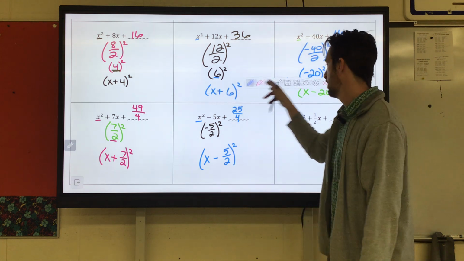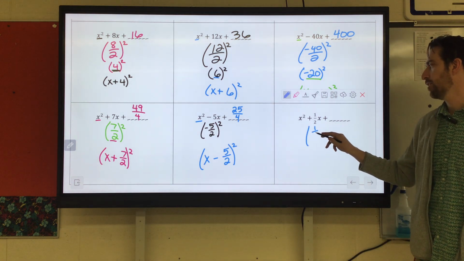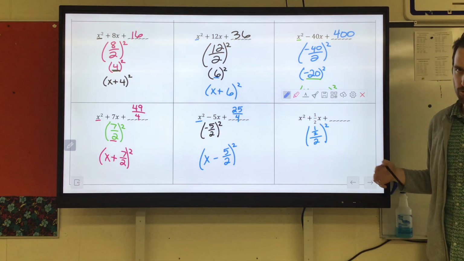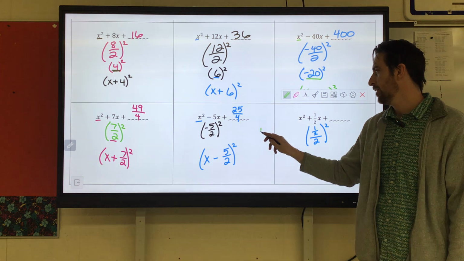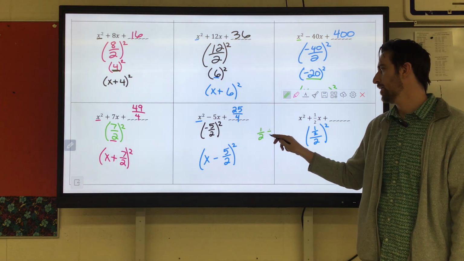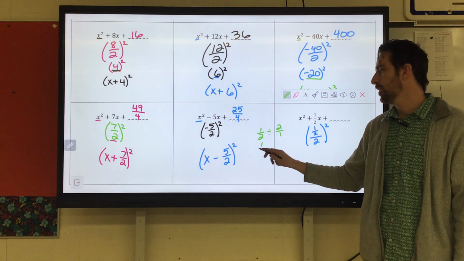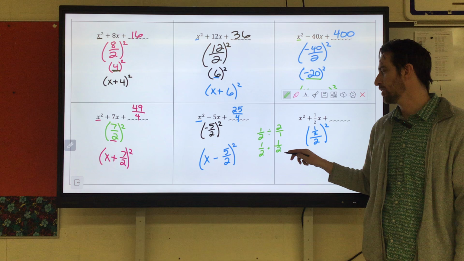Okay. Let's do one more. Oh boy. 1/2 divided by 2. That's kind of strange. Now, think of this as a side mission here: if we were doing 1/2 divided by 2, it's like dividing by 2 over 1. And then you'll keep, change, flip from back in the day. You change it to multiplication. You flip this fraction upside down.